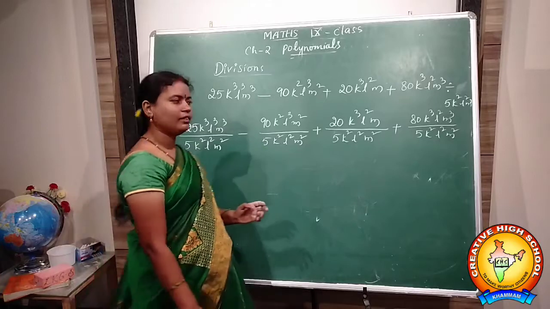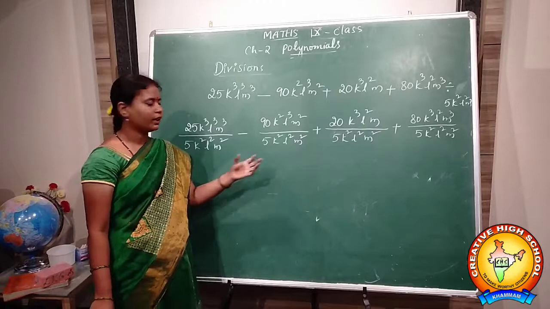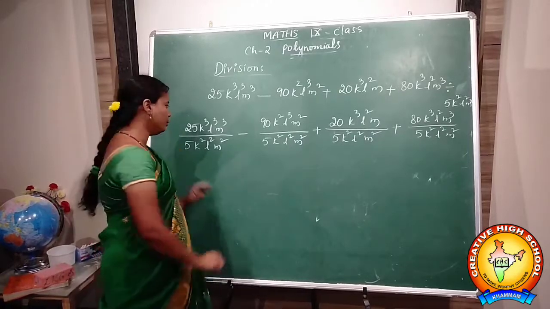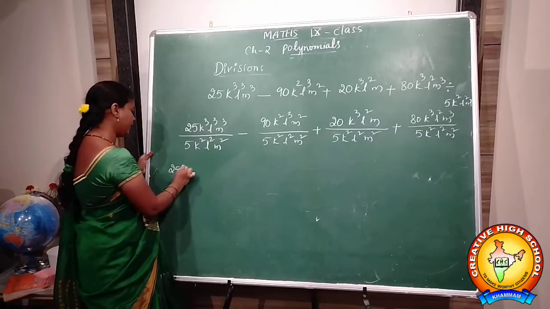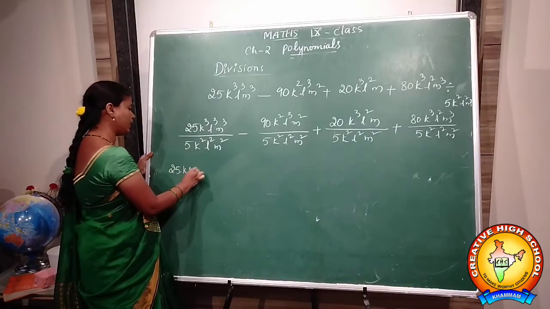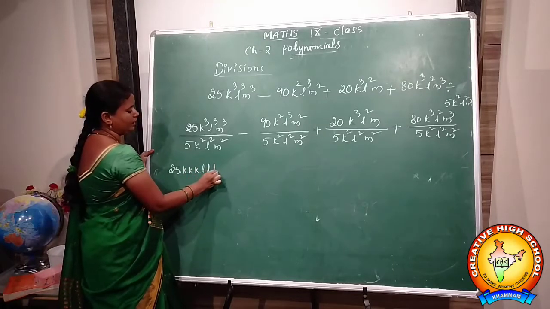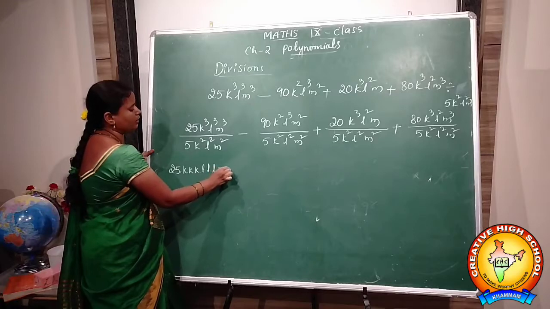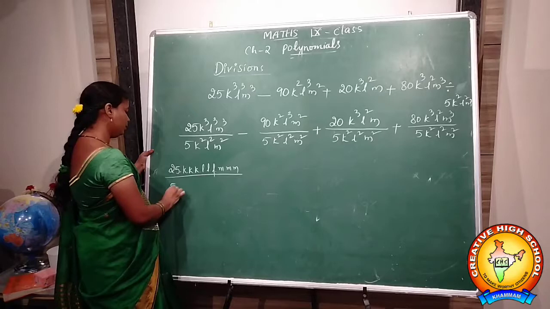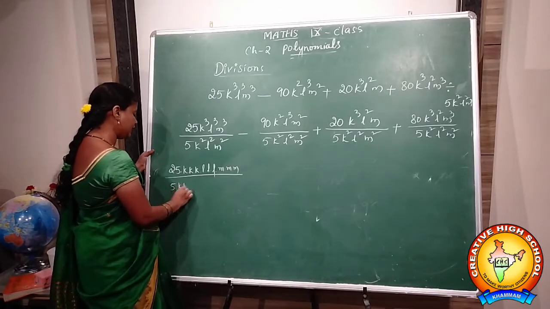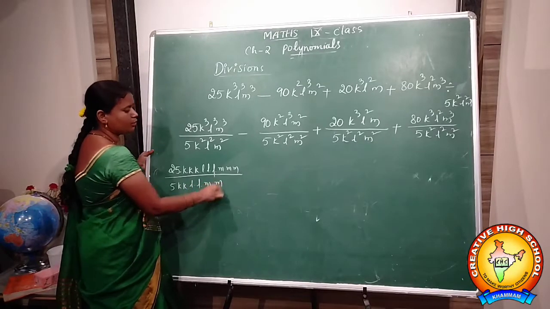Now to cancel that, if we write in the expanded form, it will become easy. Otherwise, if you can do the direct division, you can do. So 25, K cube we can write as K into K into K, L cube, L into L into L, M cube, M into M into M, by 5 into K square, that is K into K, L square, L into L, M square, M into M.